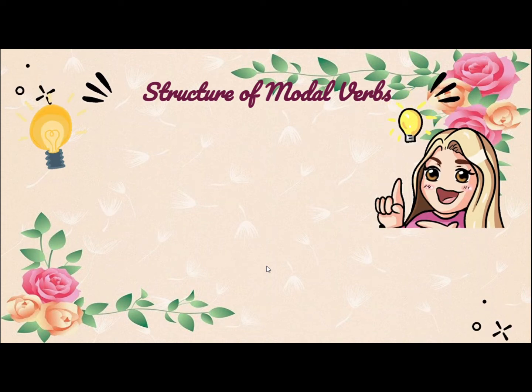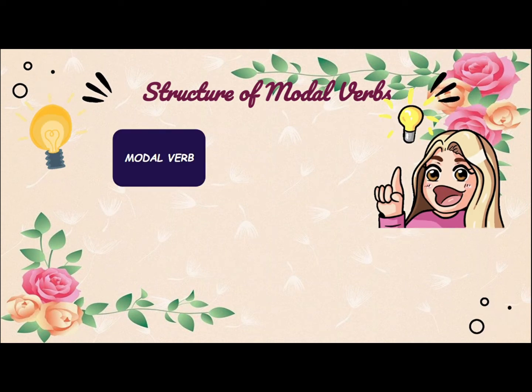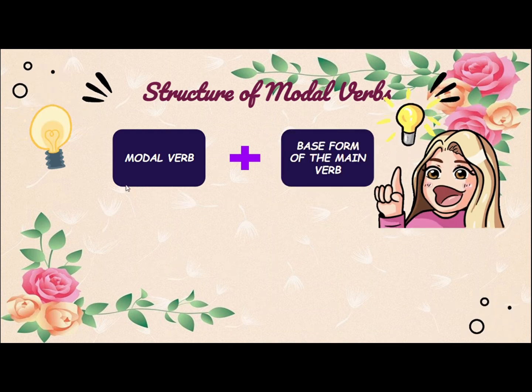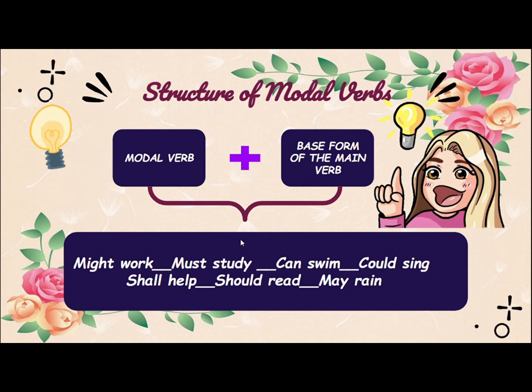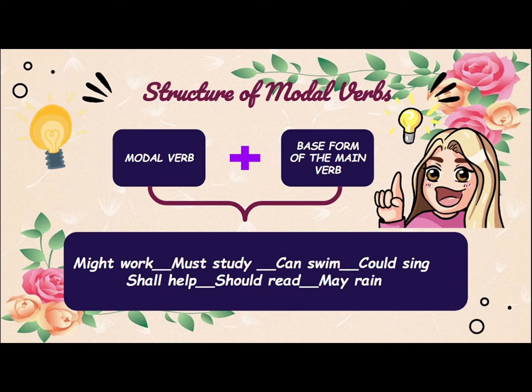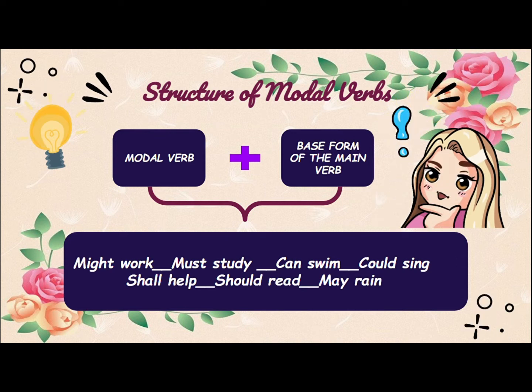Structure of modal verbs. We use the following structure: modal verb plus base form of the verb. Here you have some examples: might work, must study, can swim, could sing, shall help, should read, may read.